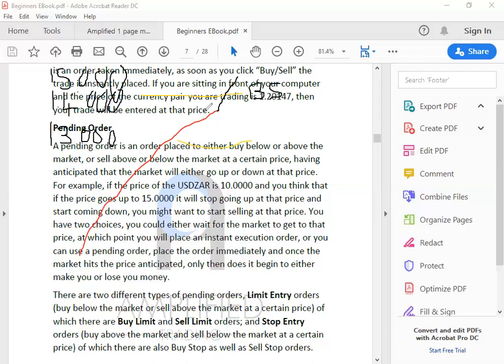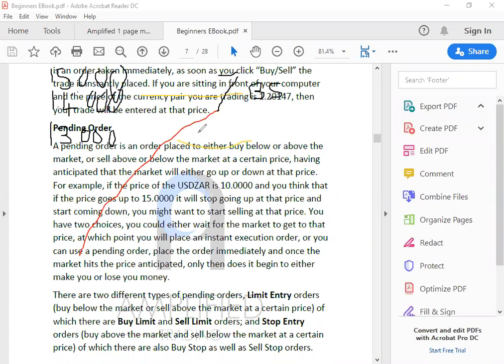Okay, so if the price reaches 14 Rand, it will activate our buy stop, right? And if the price continues to go up, obviously we're going to be making some money there, and we will exit at 15 Rand, making that 1 Rand profit. Okay, let's just say that 1 Rand price change.